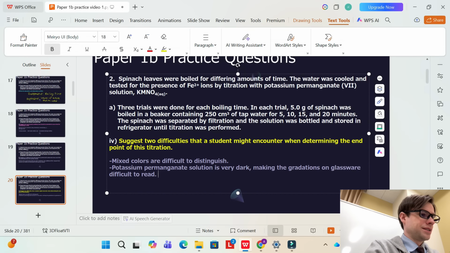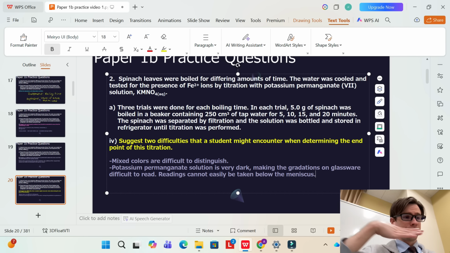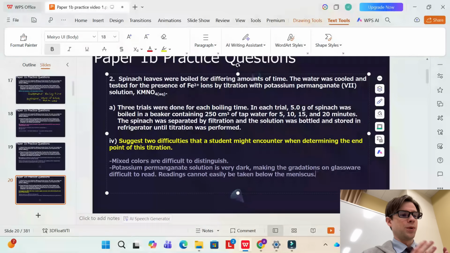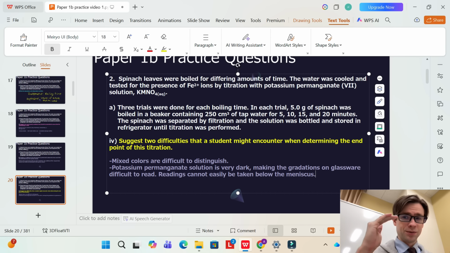So readings cannot easily be taken below the meniscus, for example. Usually we have that kind of curved section in a water sample that's in a graduated cylinder or a burette. We would read the reading below, but all the numbers and lines are covered by this dark purple solution here. So we often have to read at the top of the meniscus, which will introduce some increased values, some systematic error there.